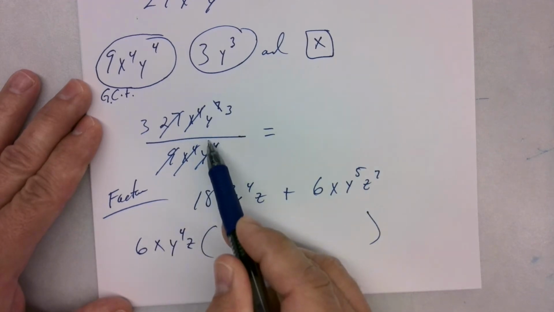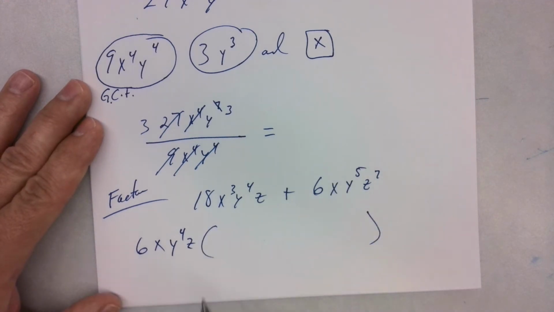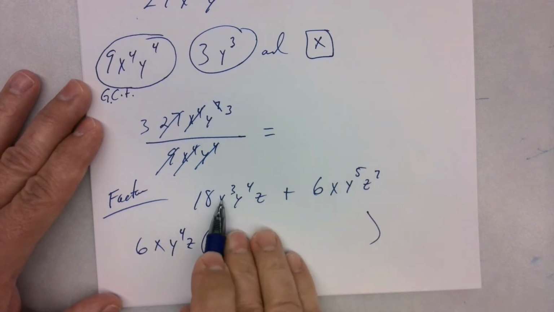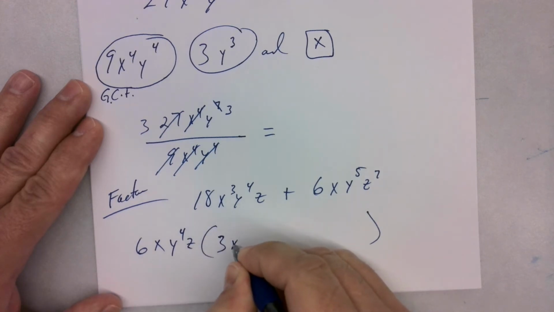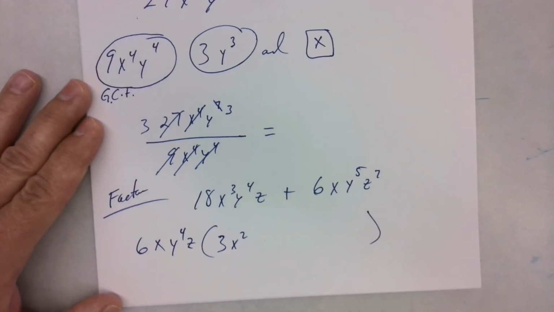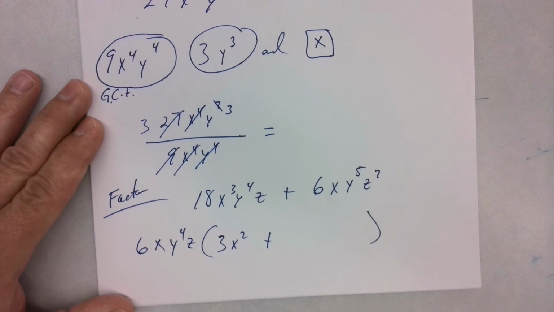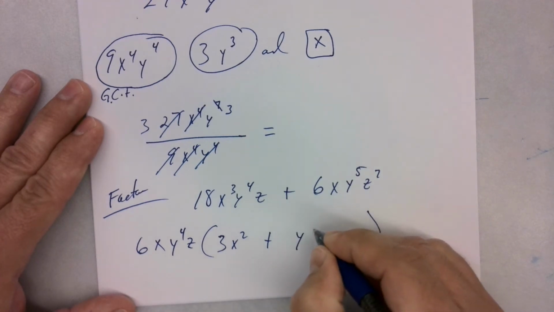I do what we just did. I'm thinking division. 18 divided by 6 is 3, and that's going to give me x squared. Then what about this term? Y is 6, z to the 6.